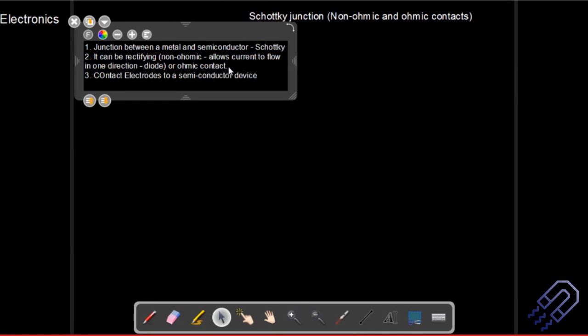Whenever you are making any kind of device, you have to make some kind of contact electrode, and that will have a junction between the semiconductor and the contact, and that is what we call the Schottky junction. So these are some important points that we should know before we start.